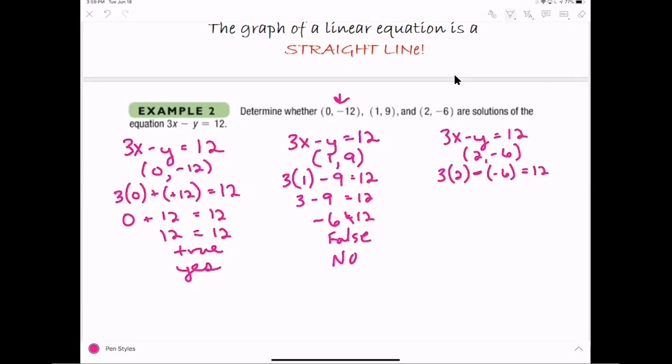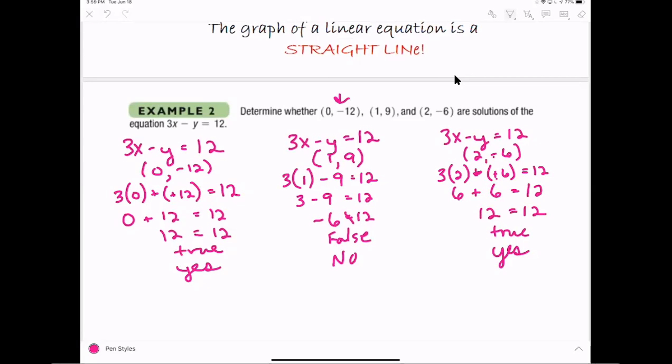You have to bring it down, and you're substituting in. You've got to put another minus because this point is a negative. So this equation is going to become a double negative. 3 times 2 is 6. We're going to change the double negative to a positive. And then 6 plus 6 is 12. That is true. So that point is a solution.